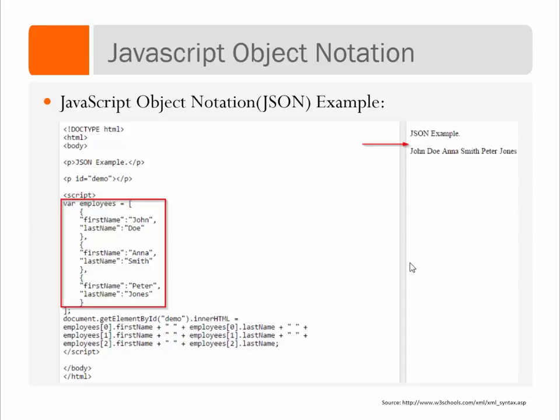This is often the notation that we'll use in JSON, where we start off those curly brackets on one line, we put the values in between, and then we put the closing curly brackets on the next line, and then a comma. So that's the way we format them in HTML code.